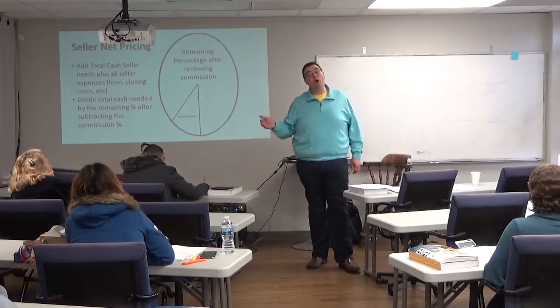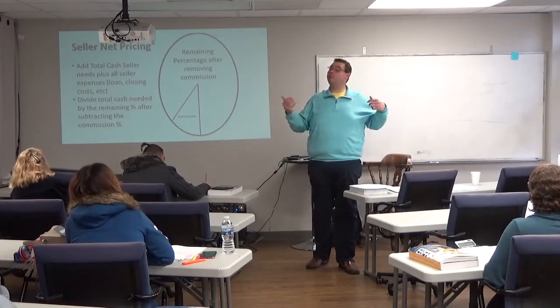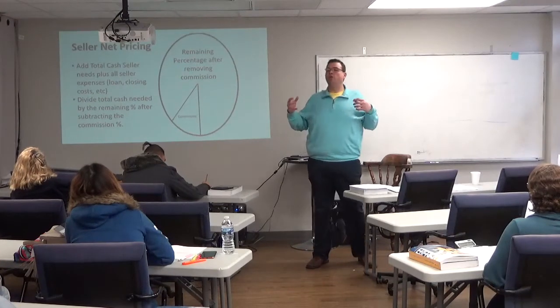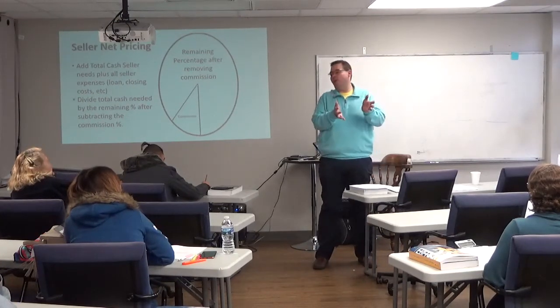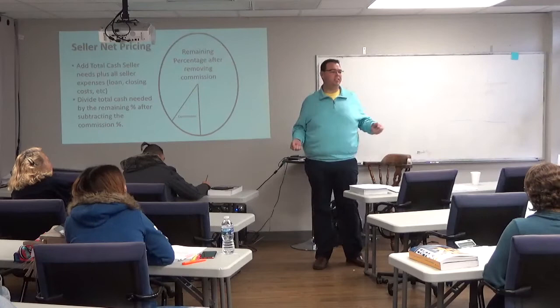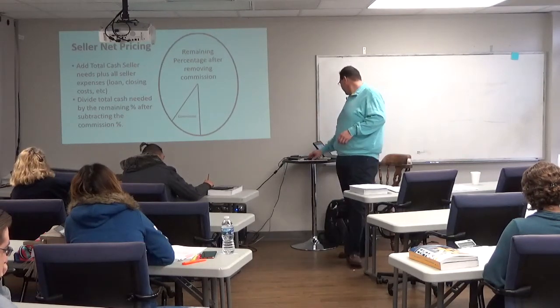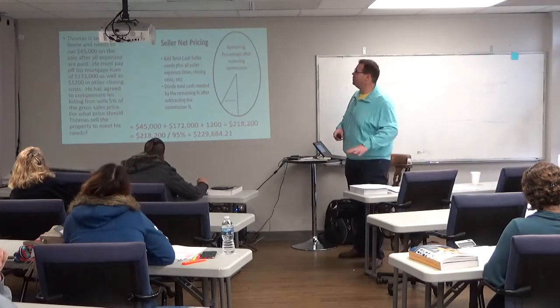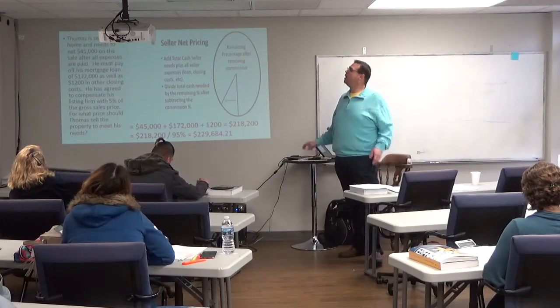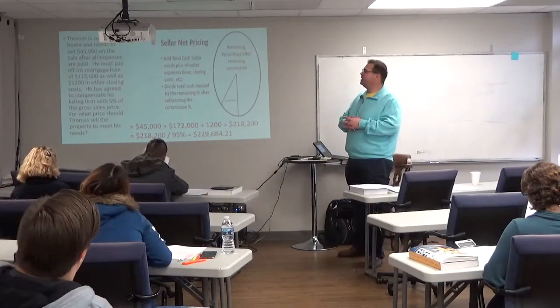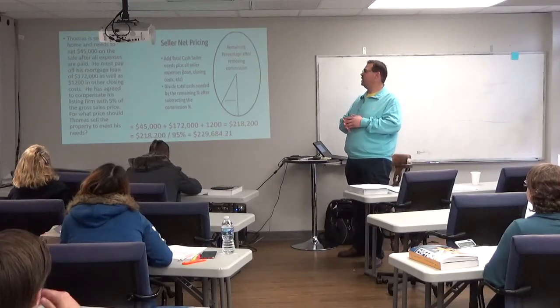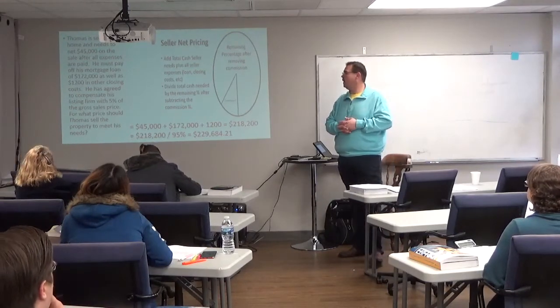So, here's what you have to do, and it's really simple, actually. You group together the dollars, you group together the percentages. So, in this question, and I think I've got an example here, let's use the example I got up here and then we'll come back to this one. It says Thomas is selling his home and needs to net $45,000 on the sale after all expenses are paid.